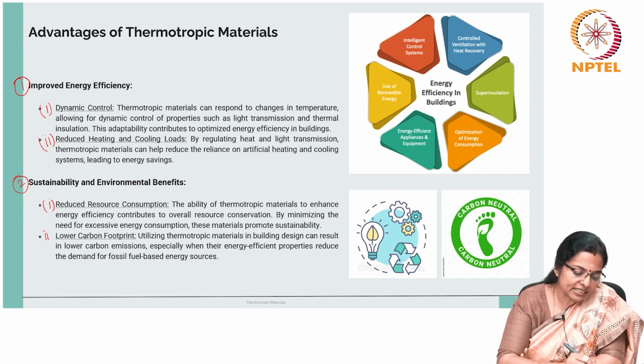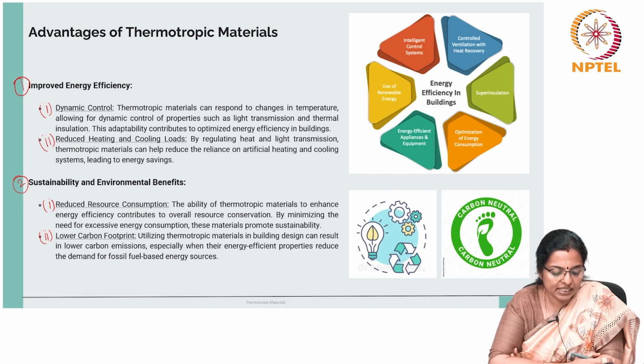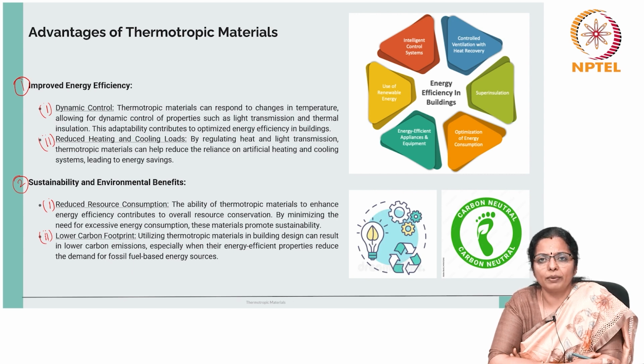The second aspect is lower carbon footprint. Utilizing thermotropic materials in building design can result in lower carbon emissions, especially when their energy efficient properties reduce the demand for fossil fuel based energy sources.